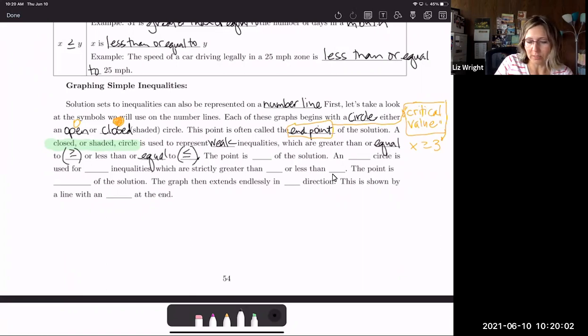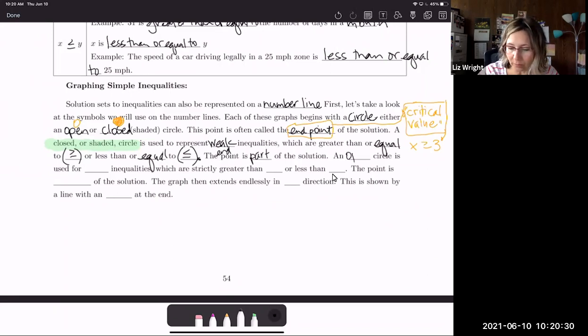And those types of inequalities, whether it's greater than or equal to or less than or equal to, those are considered weak inequalities. And on those graphs, they're going to be the closed in circles or the shaded in circles. And then the point is actually part of your solution set, which is why it's shaded, right? So the endpoint, and you might want to fill that in, the endpoint is part of our solution for that.